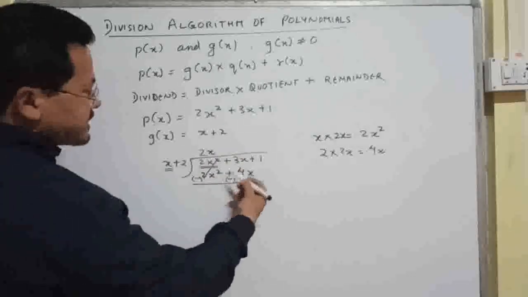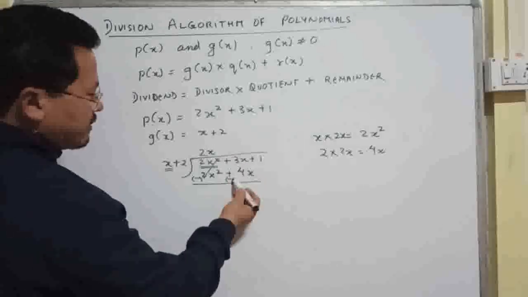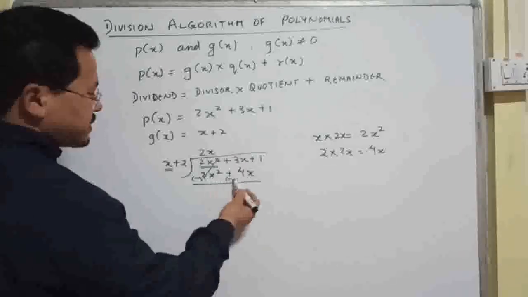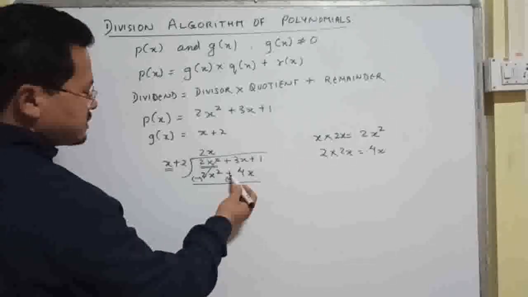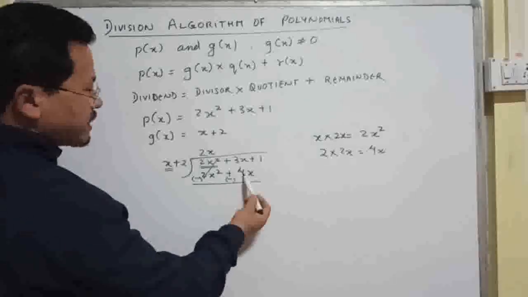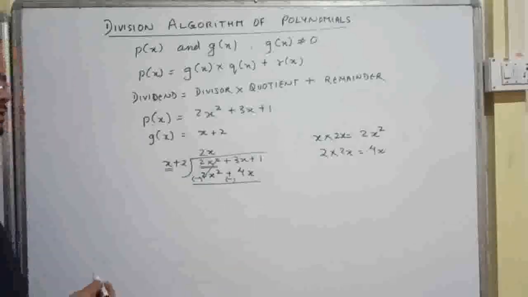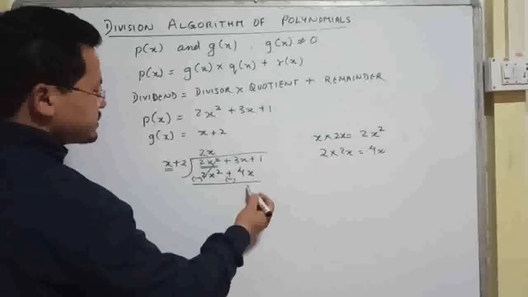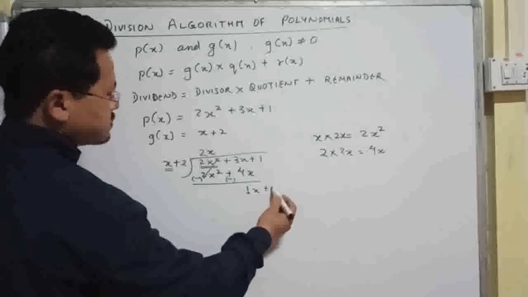And now in the second term we have plus 3x and we have minus 4x after the subtraction, not before the subtraction. This symbol is before the subtraction. So 3x minus 4x, we know that when they have different signs they subtract. So 4 minus 3 is 1 and we have x plus 1.